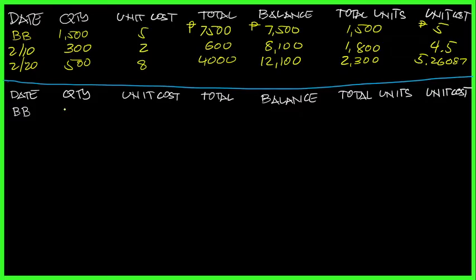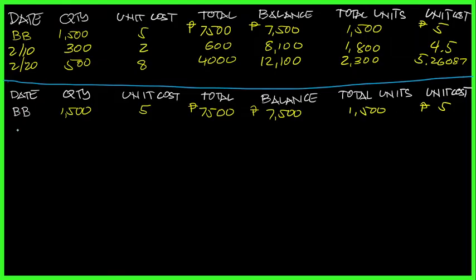You have the beginning balance at 1,500, a unit cost of 5. So, you have 7,500. Now, let's assume that you were able to sell.